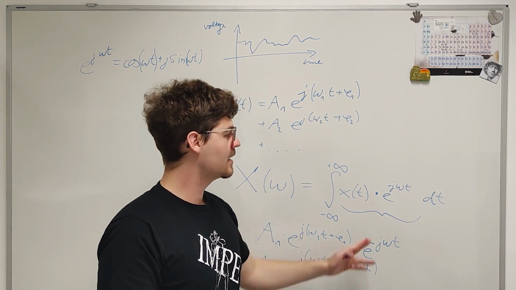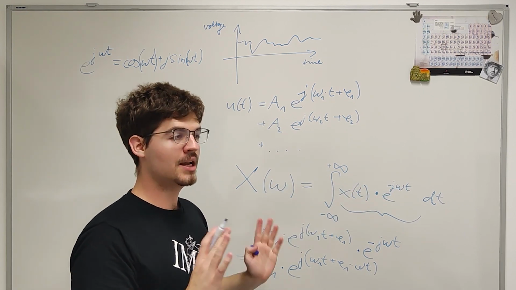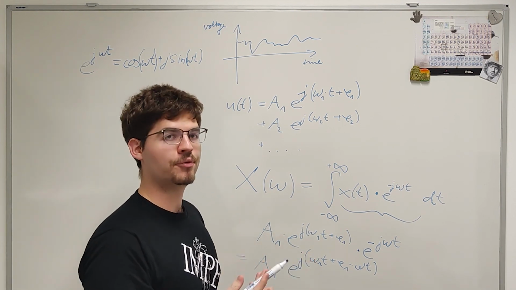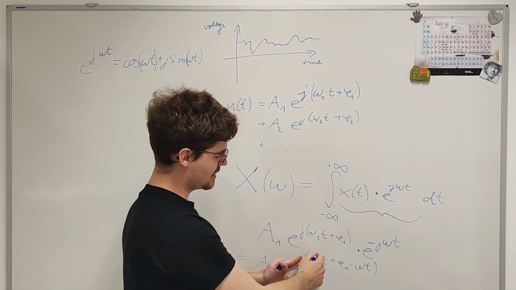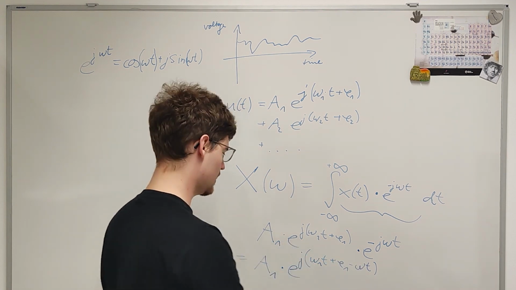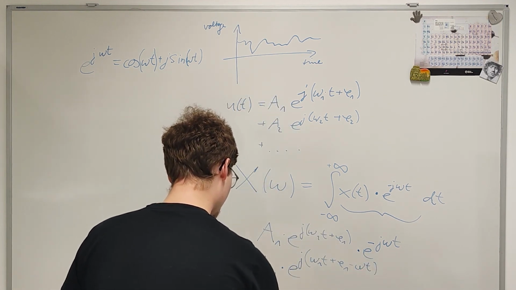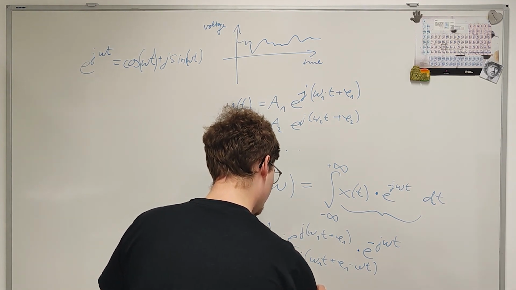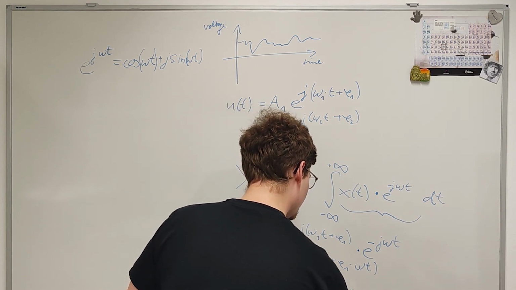And omega is the frequency for which you're trying to calculate the spectrum. Now what happens in this case if omega 1 is different from omega? Then what will result is that this difference, omega 1 minus omega, is finite. It's not zero. We can further simplify this to equal A1 times e to the j ((omega 1 minus omega) times t plus phi 1).